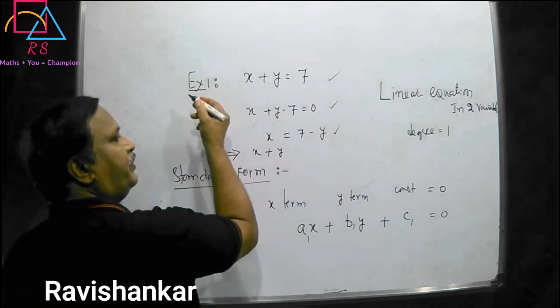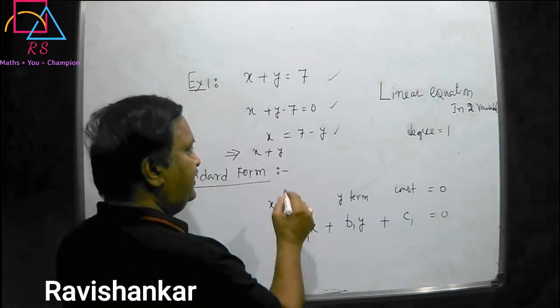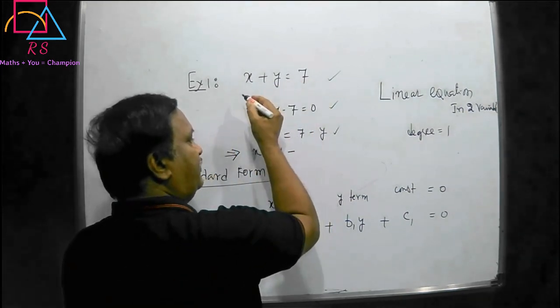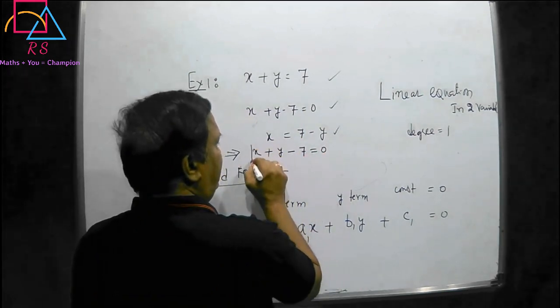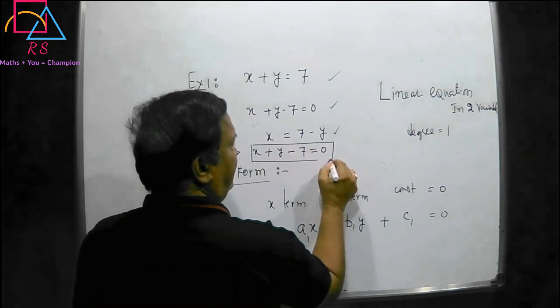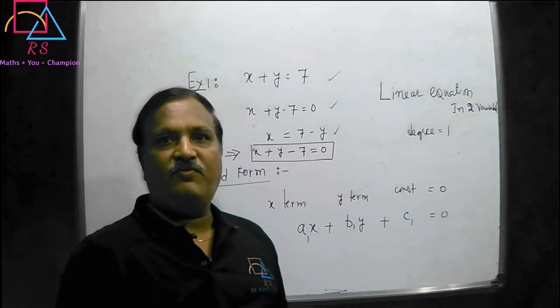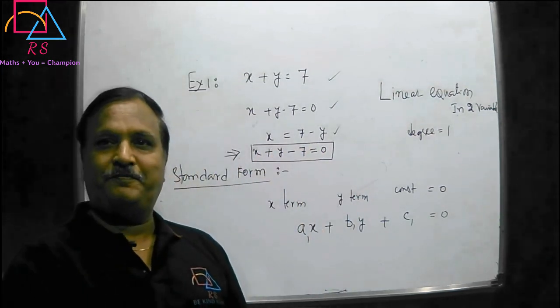This 7 should be on the left hand side. 7 comes to the left hand side and becomes minus 7 is equal to 0. This is the general form, standard form of a linear equation.